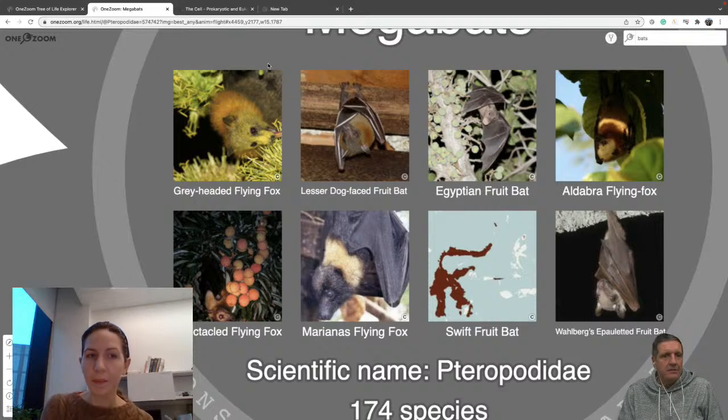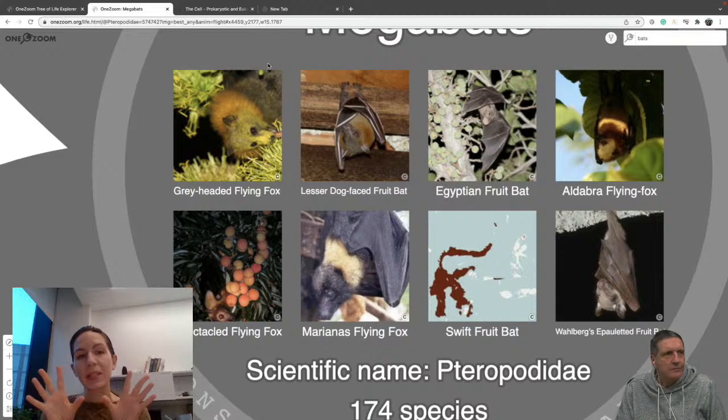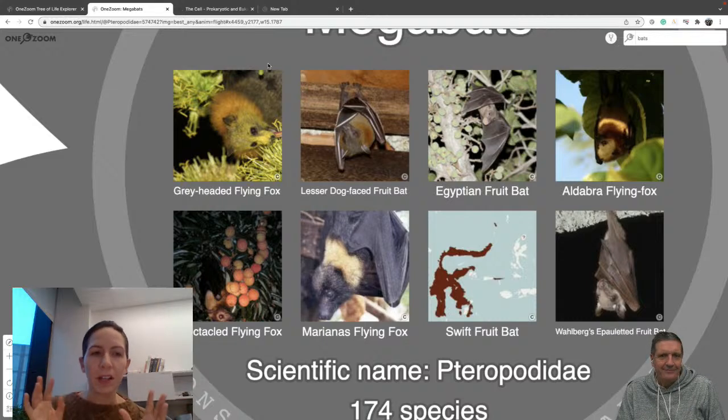A lot of people, depending on where you live in the world, may think of a bat as something that emits echolocation sonar, hunting insects and flying around at night, using the sonar to navigate and find food. But a lot of these megabats don't have refined echolocation. It didn't develop in these groups.